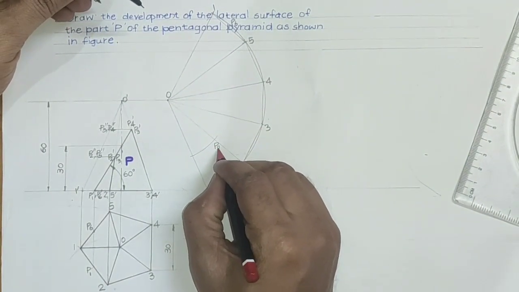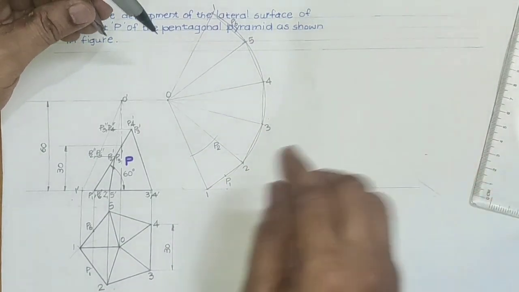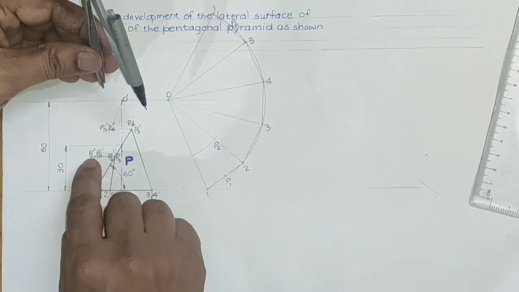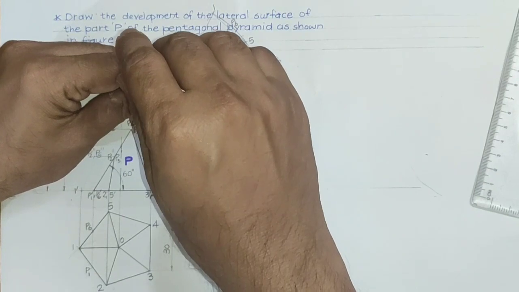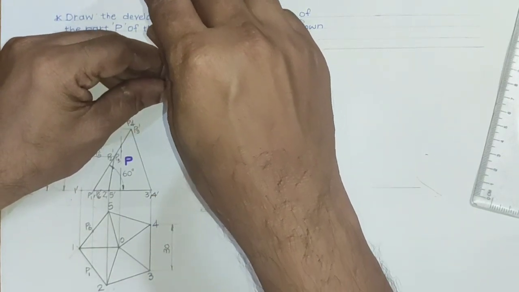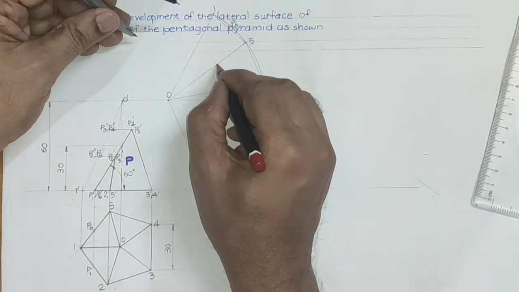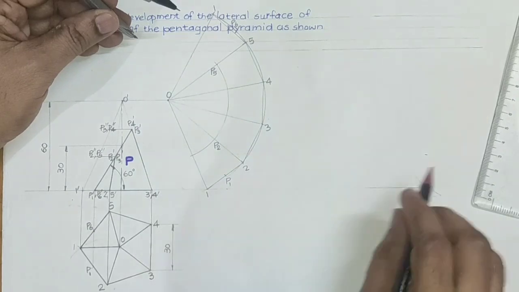This point is P2. Similarly, P5 point is at the same distance, but it is on the edge O5. P5 point.